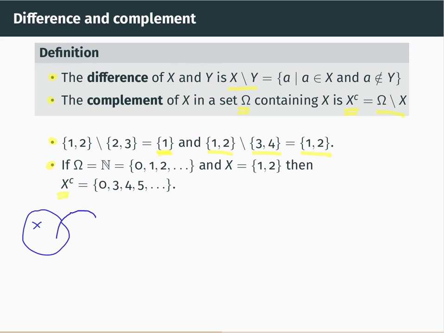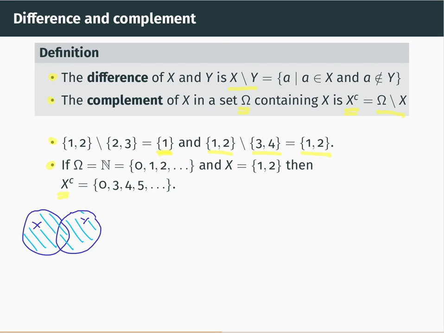Well, if we then draw another set y, which might or might not intersect with x, then the union is the set of all things inside either of those two blobs, so the combined area of both blobs, which I will shade in like this, so the entire area.